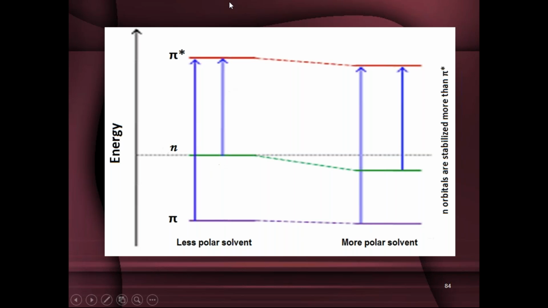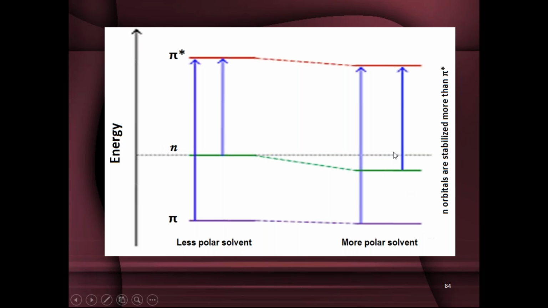We also saw the n-pi star transition. In the n-pi star transition, the ground state is more polar than the excited state. So here what happens is, this is stabilized to a greater extent. That means the energy of the ground state in a highly polar solvent is lowered to a greater extent than the excited state.